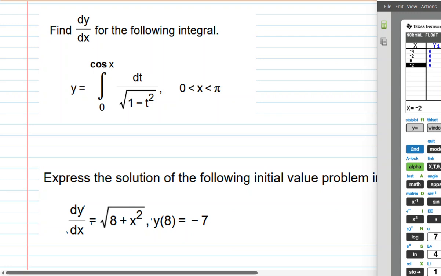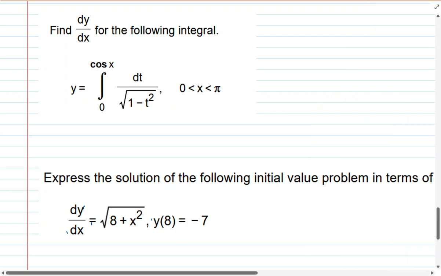Well, this next one here is very interesting. The reason it's interesting is because we're using an identity of what this position is.